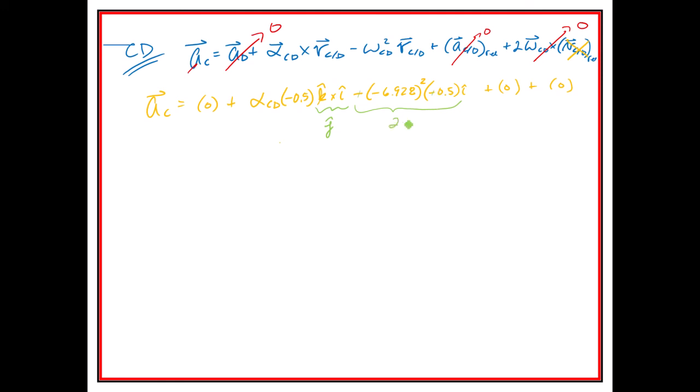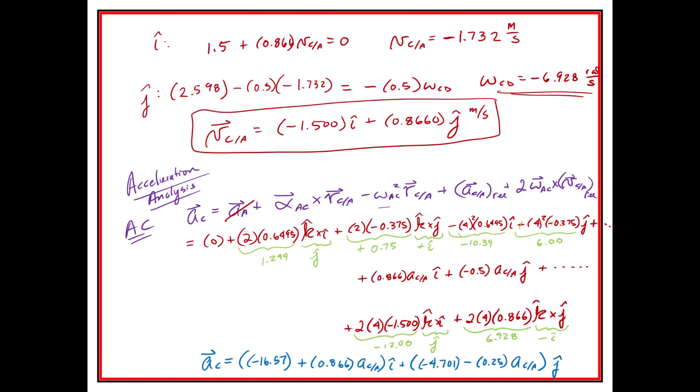So we have 24 right here, and that's i. So AC is actually going to be equal to 24i plus, minus 0.5, that's a good place for it, alpha CD j.